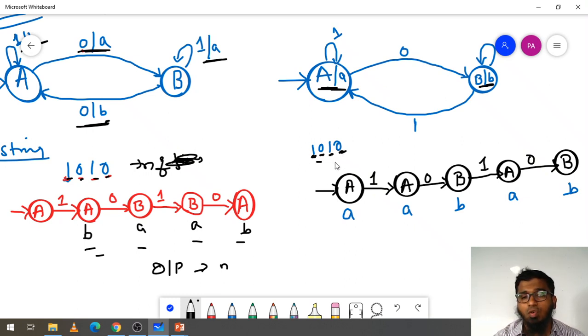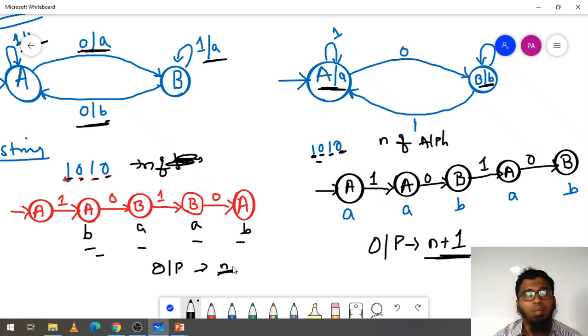We have 4 transitions, but can you see how many outputs? 1, 2, 3, 4 and 5. That means when we have n number of alphabets, we will get the output n plus 1. Here 4, so we are getting 1, 2, 3, 4, 5. That means n plus 1. So this is the difference between Mealy and Moore.